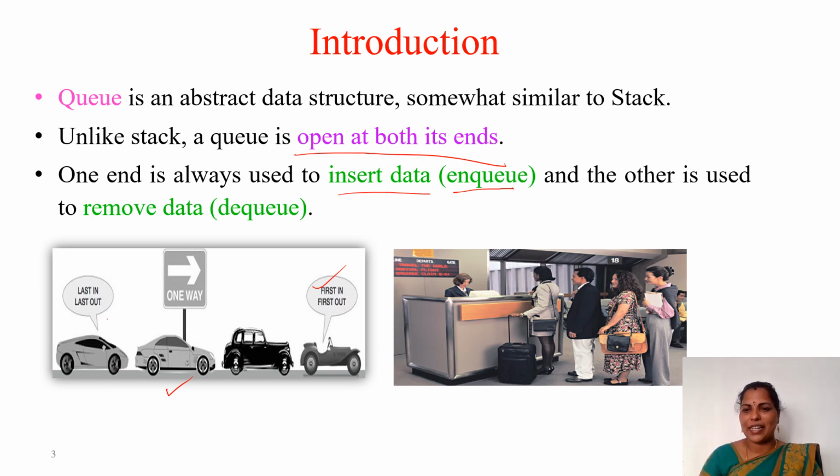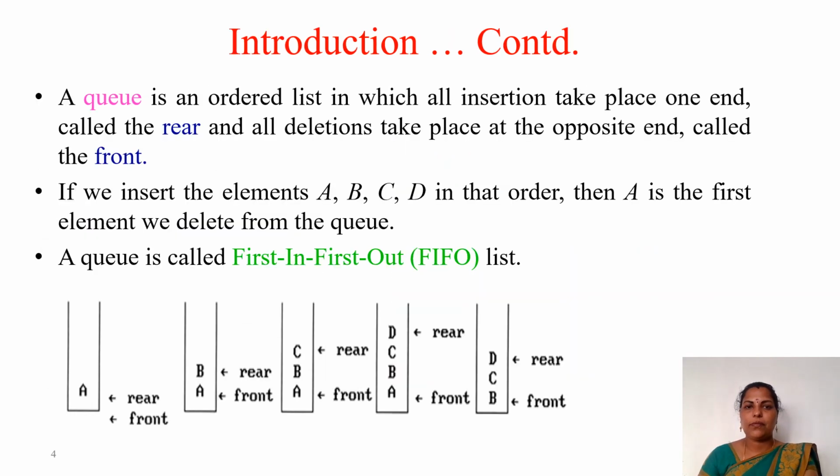So these are some examples. Many more real life examples are available. Day to day we follow many queues. If you want to enter a bus or train, or in banks and hospitals, all those places we are following queues only. The same principle applies here in order to store the data.